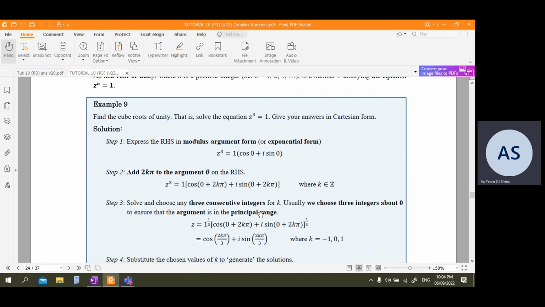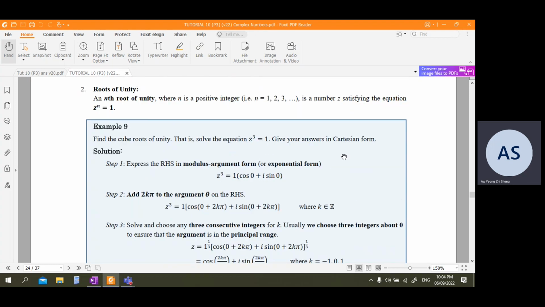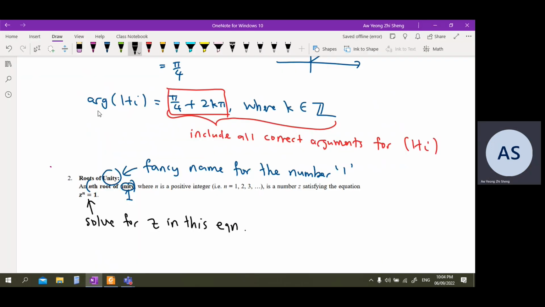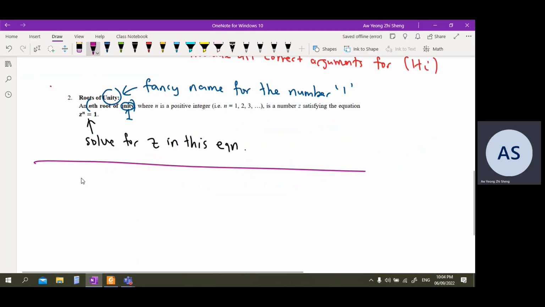Example 9. Find the cube roots of unity, that is, solve the equation z cubed equals 1. Then give your answers in Cartesian form. Recall the procedure for solving square roots on page 8 of this chapter.